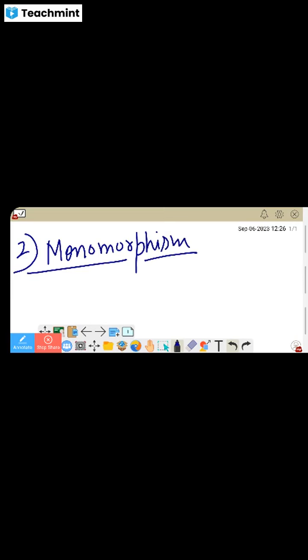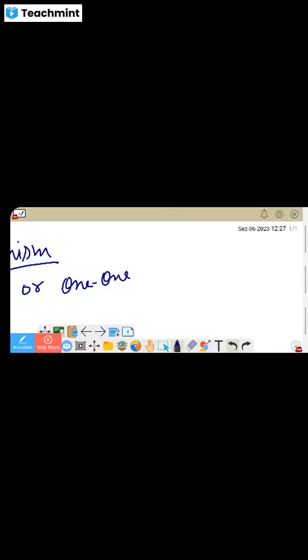Now next we are taking monomorphism, the second type. An injective or one-one homomorphism is said to be monomorphism.